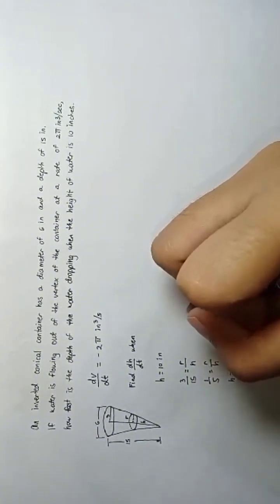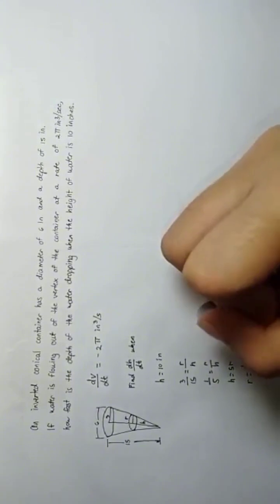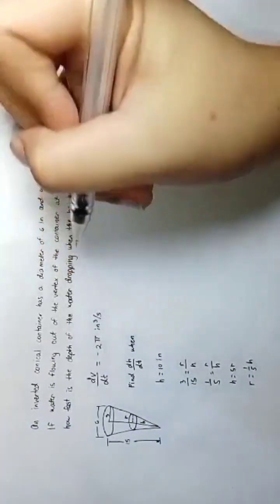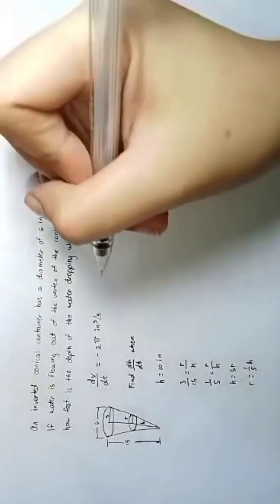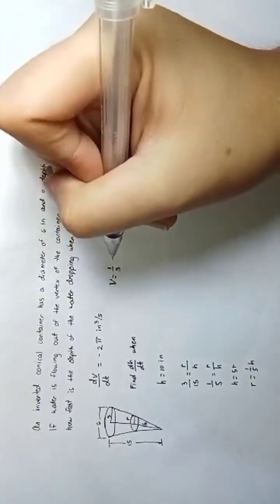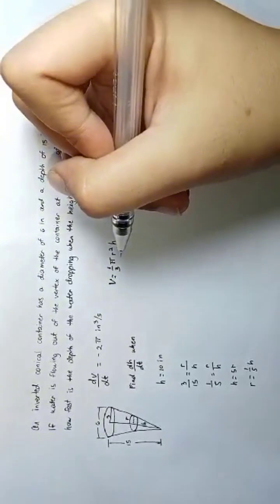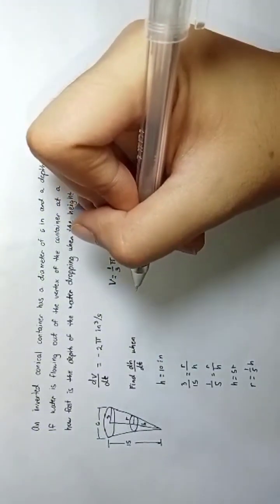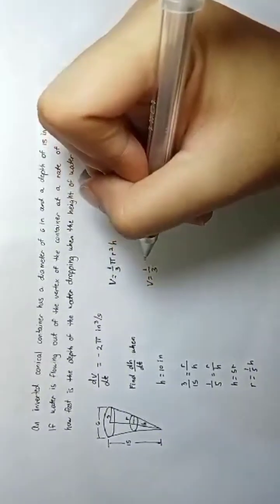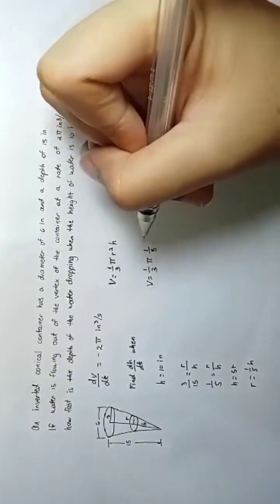So h is equal to 5r, then r is equal to 1 over 5 h. And let's put the formula of the volume. The formula of the volume is V is equal to 1/3 pi r squared h. Then let's plug in the radius into the formula of the volume. So V is equal to 1 over 3 pi times (1 over 5 h) squared times h.